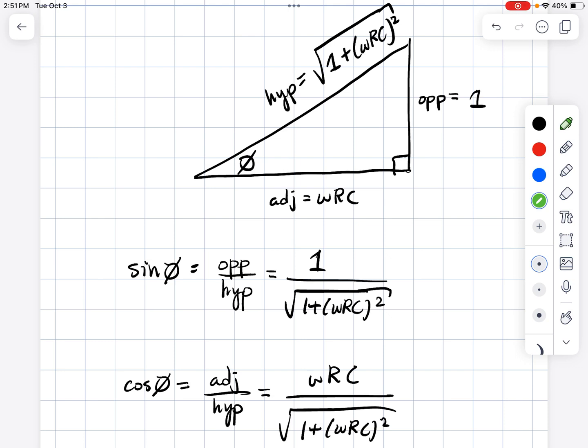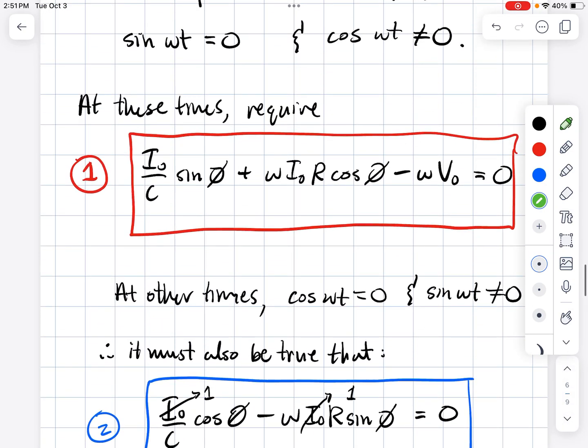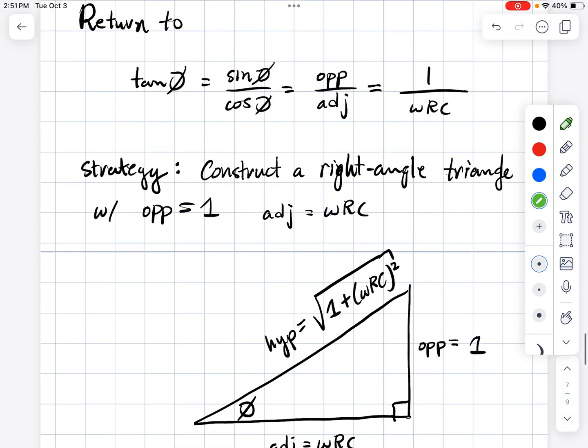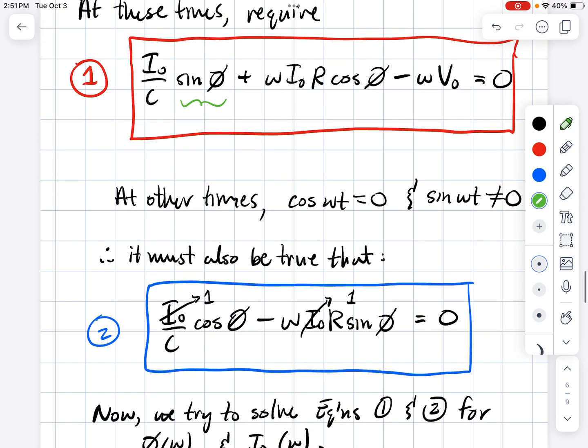Let's call these A and B, and we go back to equation 1, and for sine of phi we're going to sub in A, and for cos of phi we'll sub in B. That's going to leave us with an equation where the only thing that we don't know is the current amplitude, and so we can solve for it.